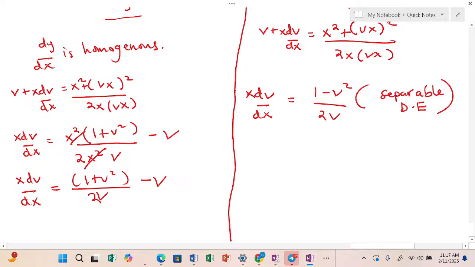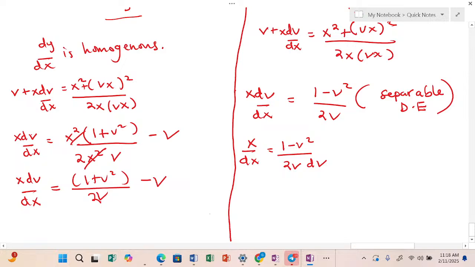We can separate it. And how do we separate that? Let's divide through by dv. In dividing through by dv, we get 1 over x dx is equal to (1 minus v squared) over 2v dv. So we have this as our differential equation.